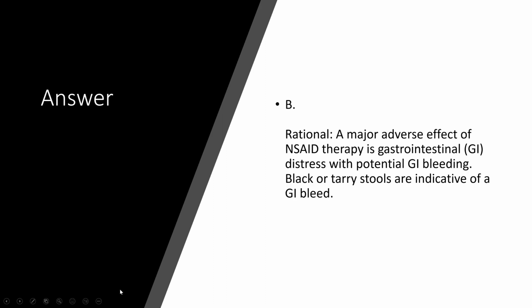So with NSAIDs, you're going to be watching for black tarry stools. This is going to be indicative that they are possibly experiencing a GI bleed.